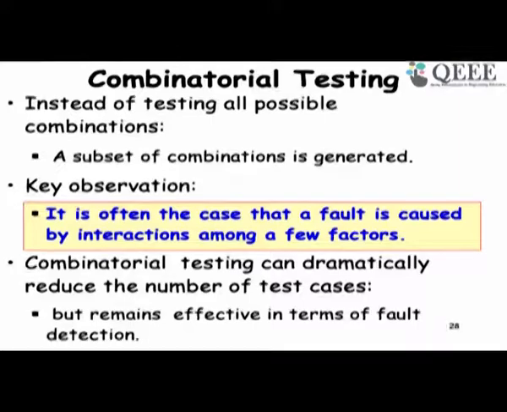So it may be that when the font size is 10 and the font type is Times and it is shadow, then only the problem comes. So only for some few factor combinations the problem comes, and all possible combinations we don't have to check. So in this situation we can dramatically reduce the number of test cases.